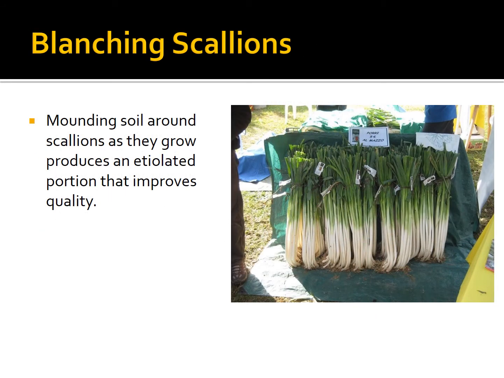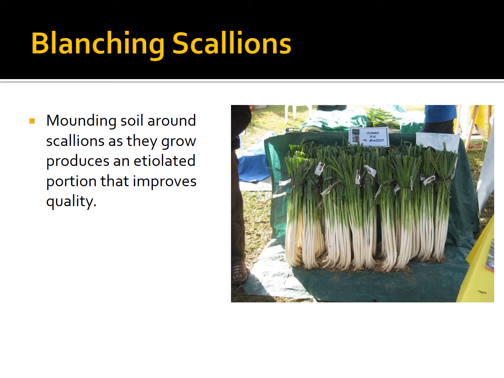Okay, here's another picture that shows an application of blanching to scallions. Scallions are onions. As these scallions are growing in their production bed, the farmer will come by with a machine that will mound soil up around the scallions as they grow. When you push soil up around the stem of the plant, you're excluding light.